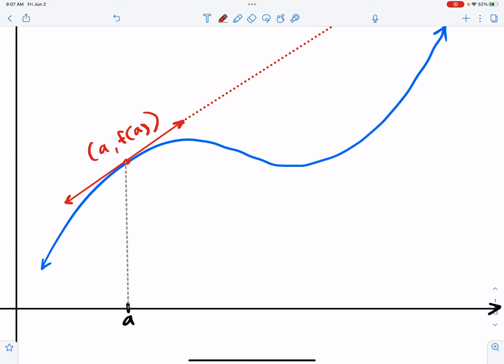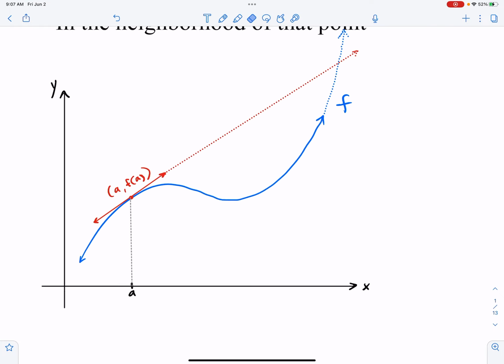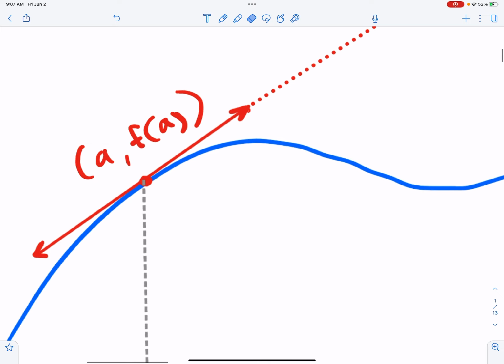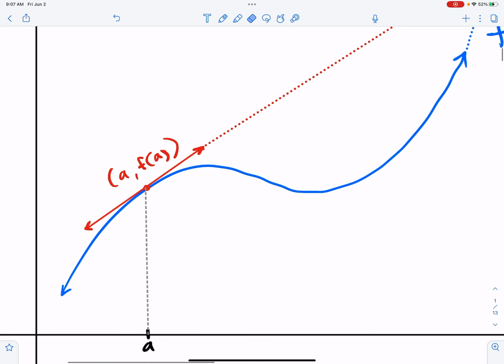Now, the thing about a tangent line that's cool is if you were to zoom in, which the iPad is of course not going to let me do very much. If you were to zoom in more, like Desmos would do a great job of this, it would look like the curve f and the tangent line were merging as one.